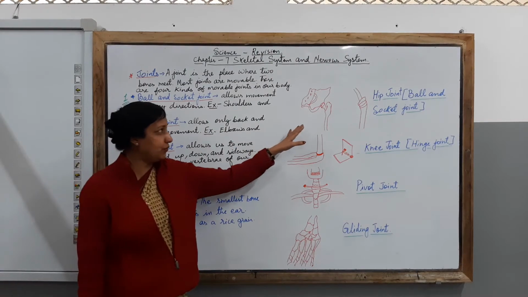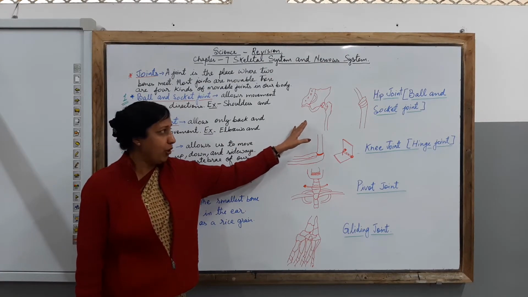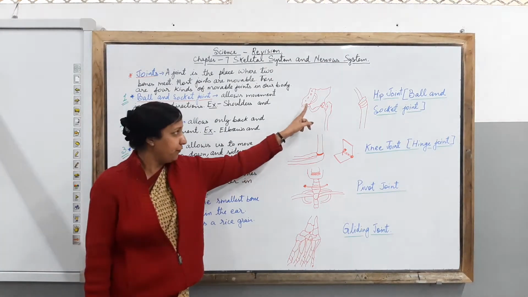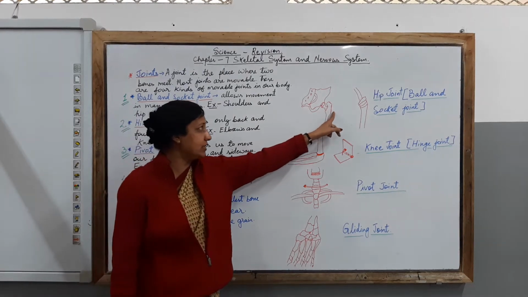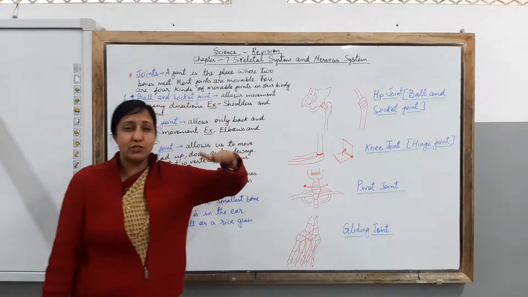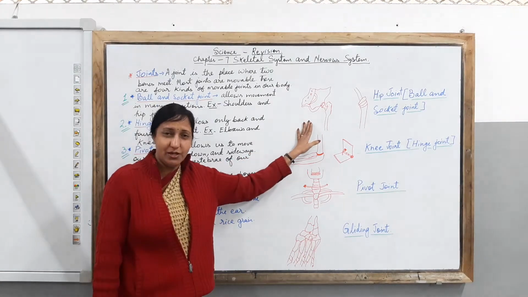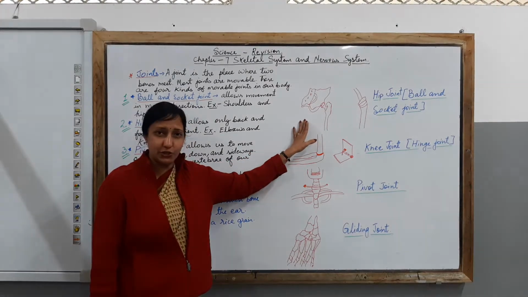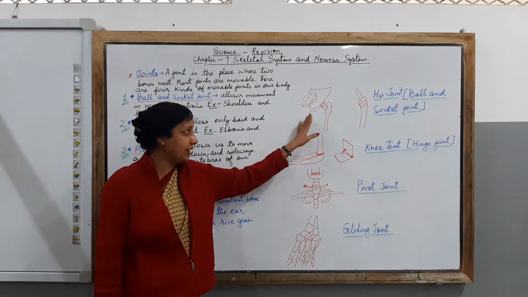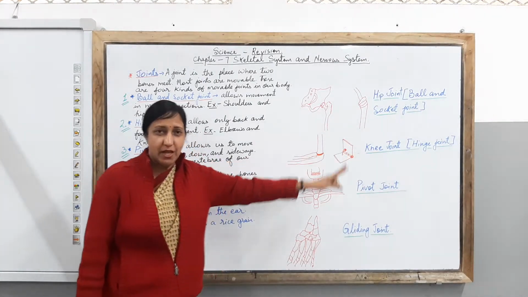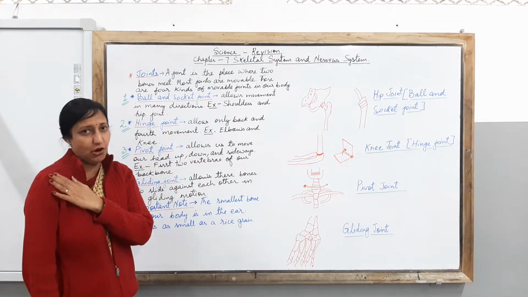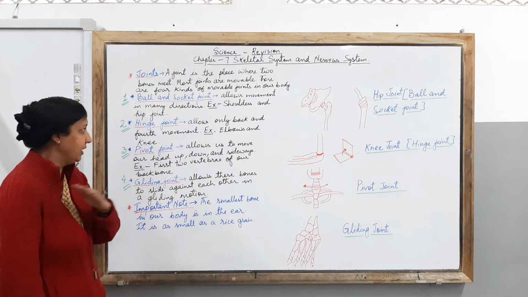Here, children, I have drawn the diagram of the hip and ball and socket joint for you all, for you to understand how this kind of circular movement is possible in your hips. You can understand with the help of this picture what the ball and socket joint is all about and where it is located. It is located in the hips and in the shoulders of a human body.